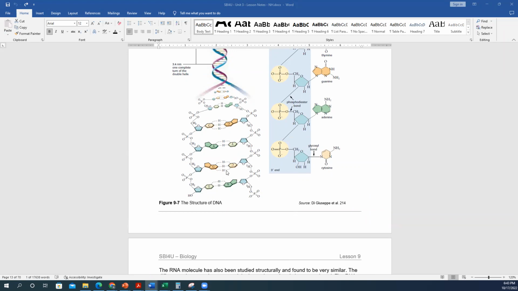3 hydrogen bonds. So if evolution were to look for something that allows RNA polymerase to bind and makes it easier to unzip and open up this region of DNA without taking such a huge amount of energy, nucleotides that are joined by 2 hydrogen bonds are not as strongly bound with each other as those with 3 hydrogen bonds. The bond between C and G is a stronger set of hydrogen bonds than the A and the T. These are only 2, this is 3.